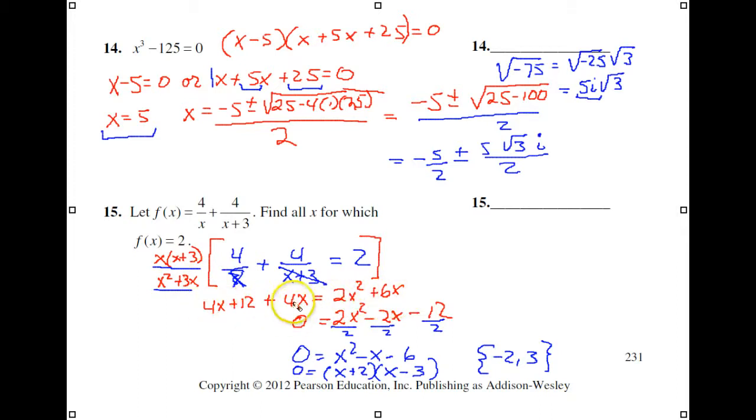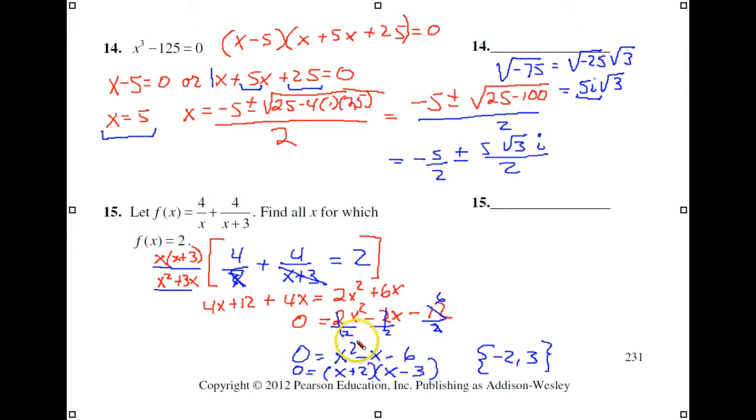Combine like terms, I get an 8x here that I'll transpose. That'll leave me with a negative 2x. I transpose the positive 12, it becomes a negative 12. And then I say, hey, look, I can divide everything by 2. And I get this.